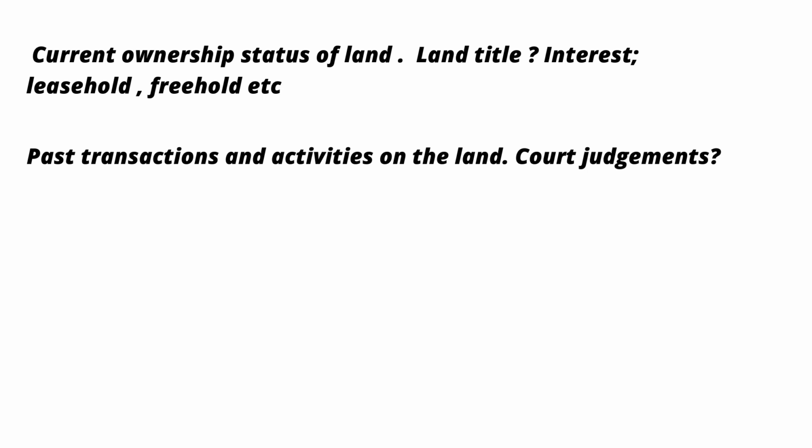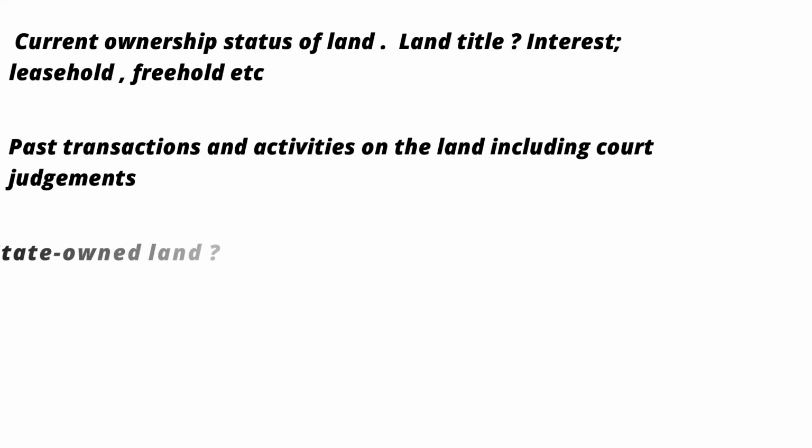If any court judgment has occasioned a change in ownership, it should show on the search report, which is important information. The search report will also show if the land is state owned. Again, this is another important piece of information.